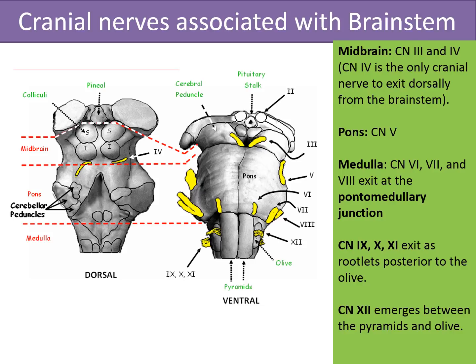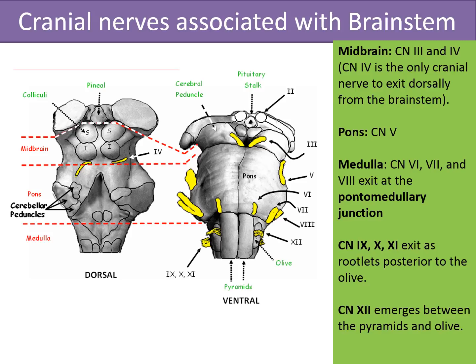If we look at the ventral surface, we see the midbrain at this location. And we see the third cranial nerves coming off between the midbrain and the pons. And then off of the pons, we see the fifth cranial nerve coming laterally.